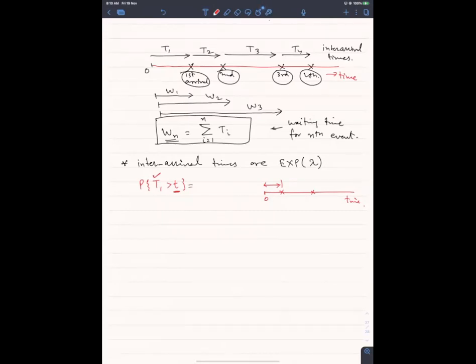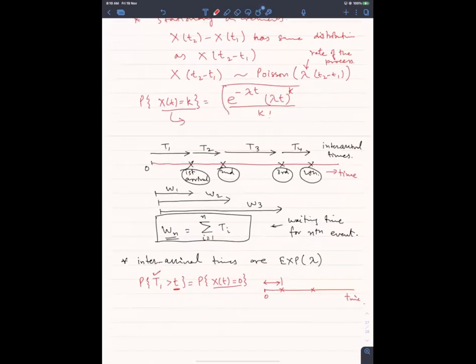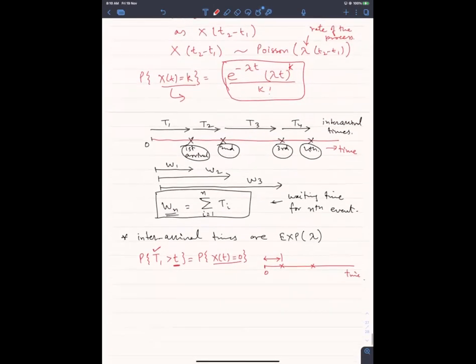What that means is the probability that X of t, which is counting the number of events until time t, is 0. But probability X of t is equal to k is a Poisson random variable. यही तो Poisson process बनता है. So यहाँ पे X of t is equal to k को 0 put कर दें.